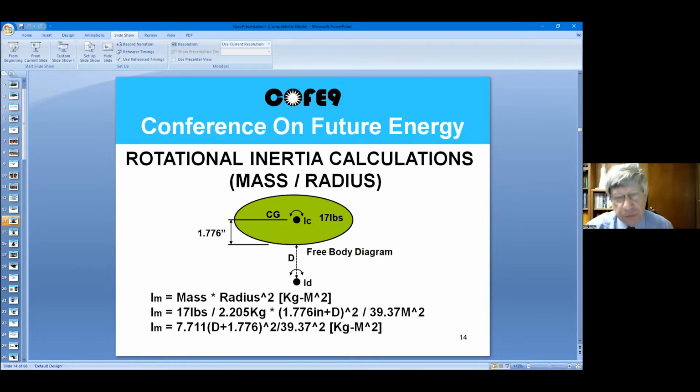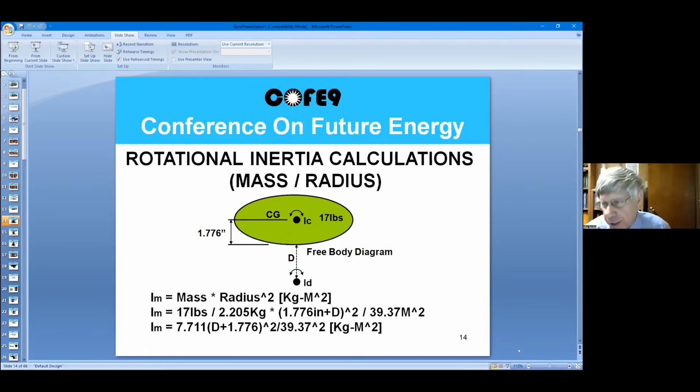And then if you plug in all the numbers, converting the 17 pounds into kilograms, you get 7.711. And then you take your offset distance plus the distance D, you square those. Then you divide by 39.37 squared, which converts inches to metric. You come up with kilogram meter squared.